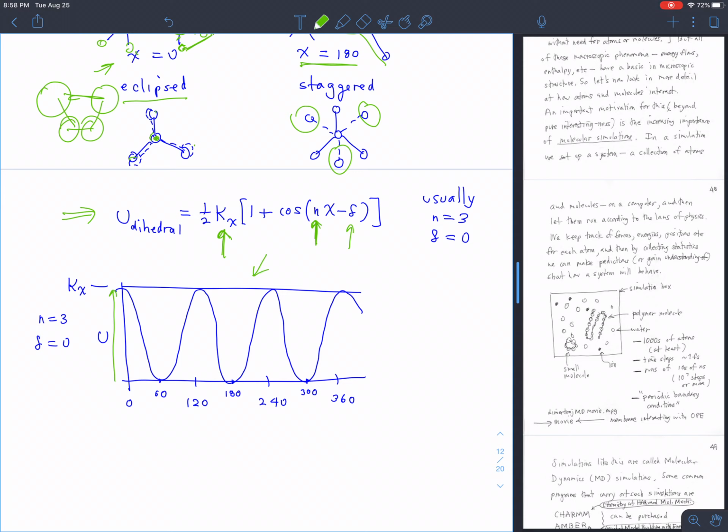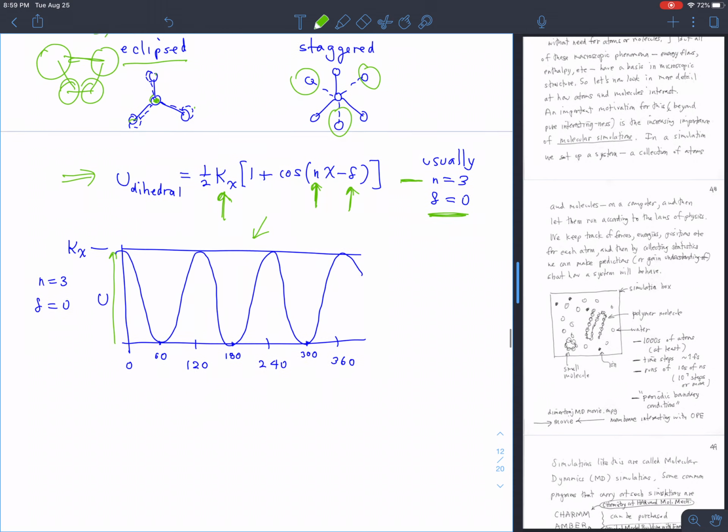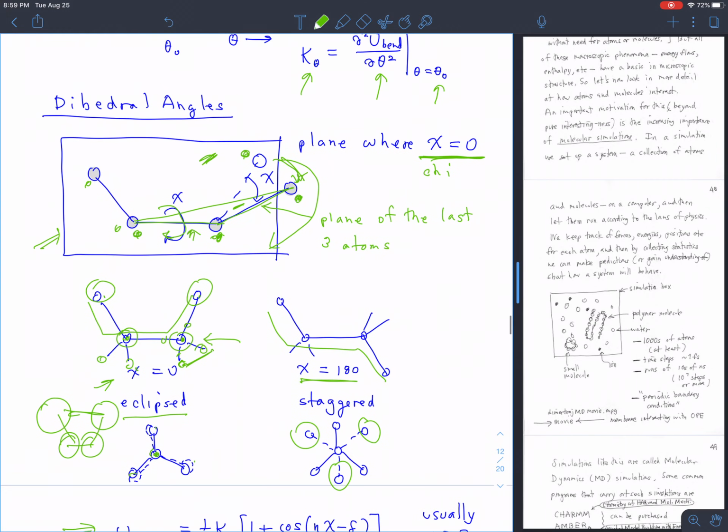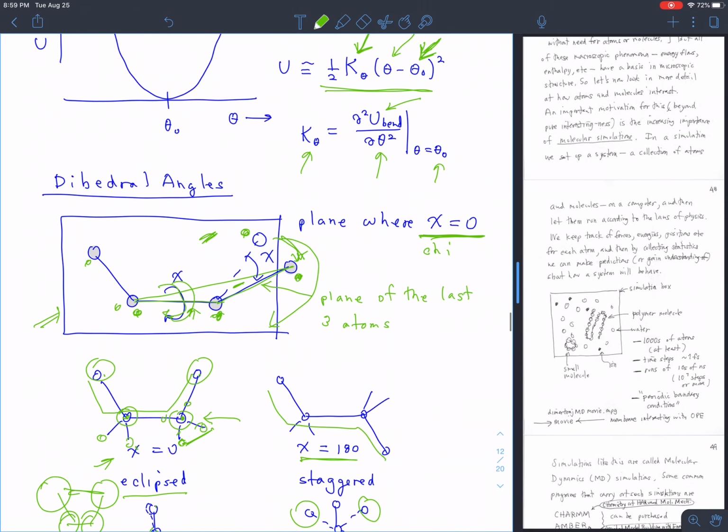I'll point out what that is down here. And then this quantity delta, which is a phase shift factor, that's usually set to 0, and n is usually set to 3. Here's what that function looks like. Notice there's a cosine in here, and it's a cosine as a function of chi, which means that it's a cosine as we're rotating around this bond from originally 0 all the way around 360 degrees.